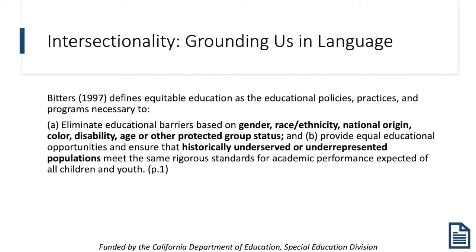To further align the conversation about learner variability through the lens of intersectionality and the connection to equity in education, we need to ground ourselves with a shared definition of equitable education.